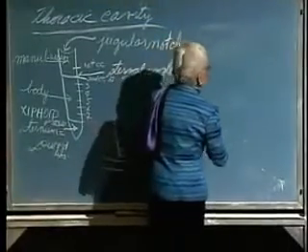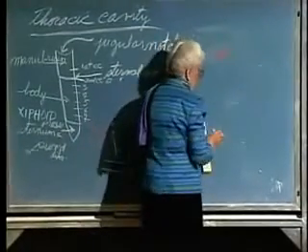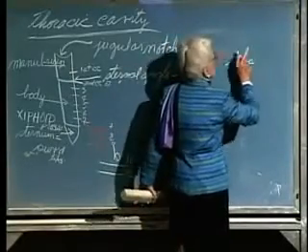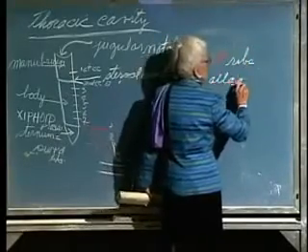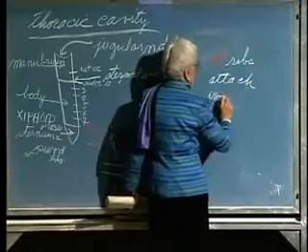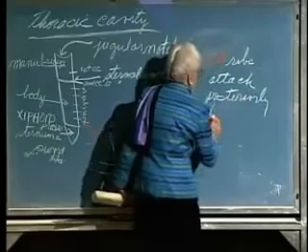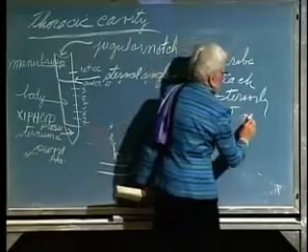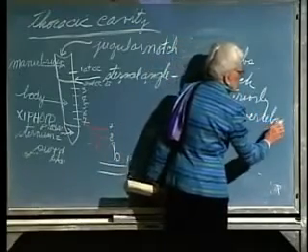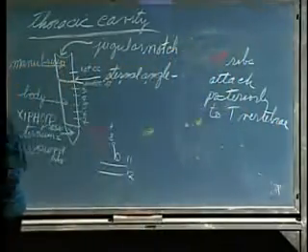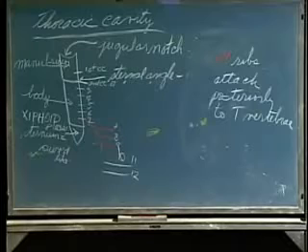So all ribs attach posteriorly to thoracic vertebra. So that gives us our rib cage, or thoracic cage, technically.